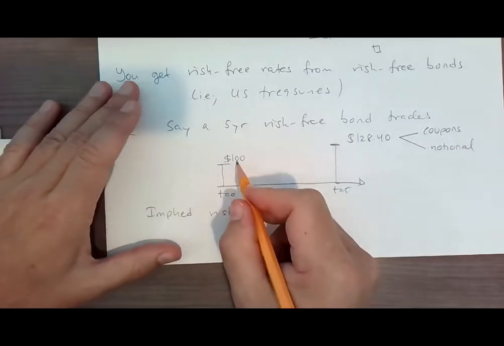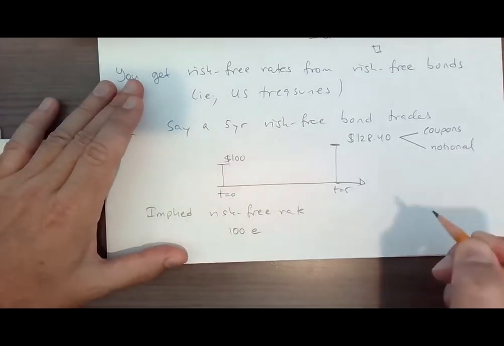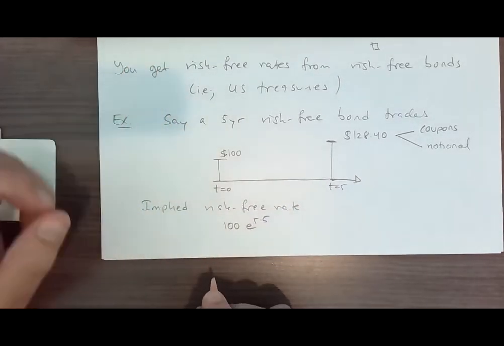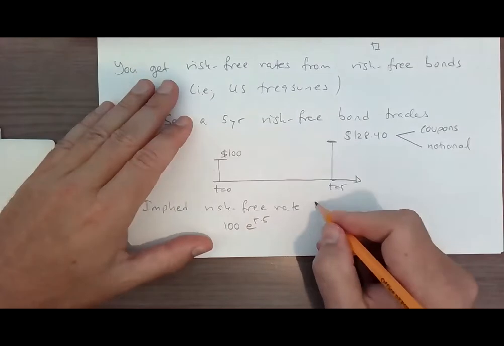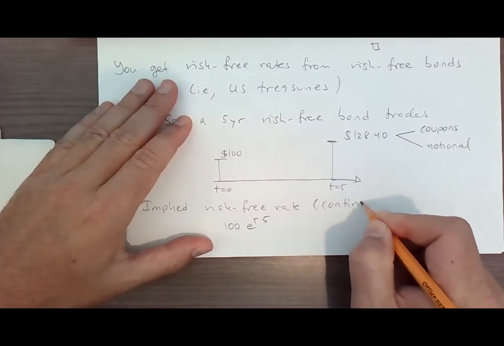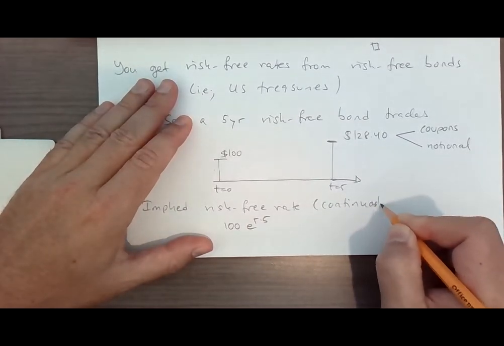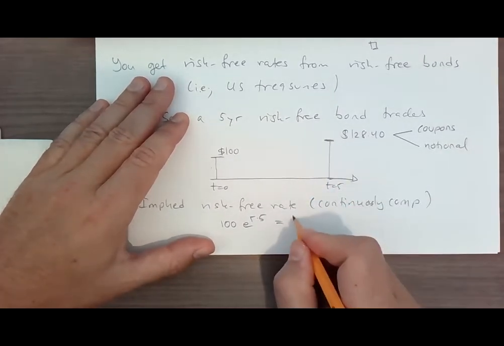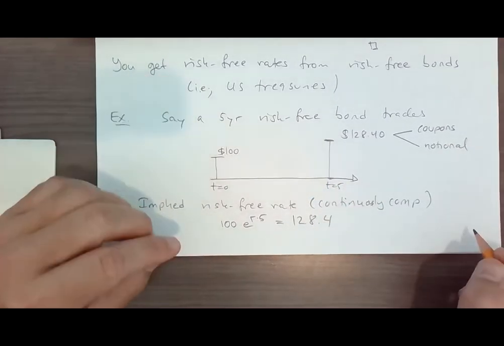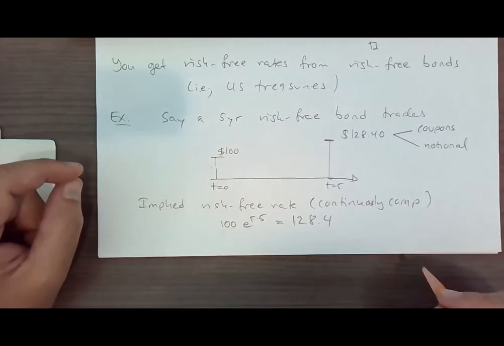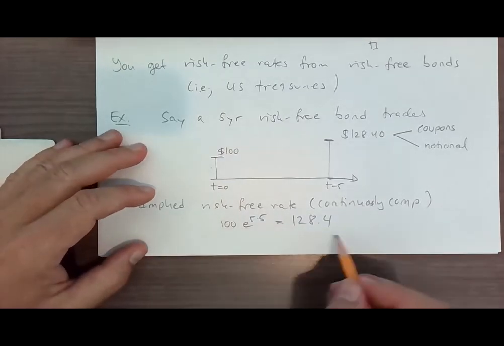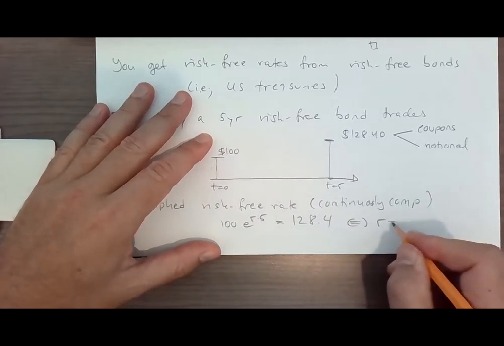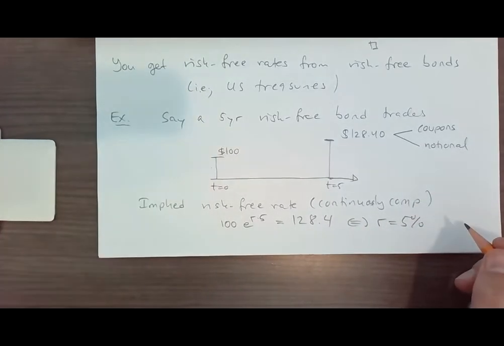You'd have to take $100 times e^(r·5) if it's continuously compounding, and then you want to end up with 128.4. So what you do is you divide over and you take log on both sides. This is the same thing as saying that r is 5%.